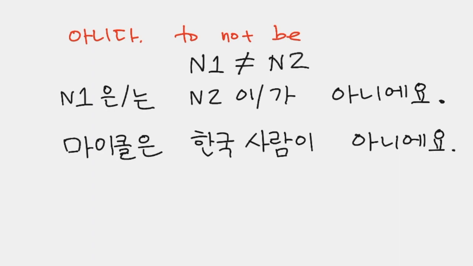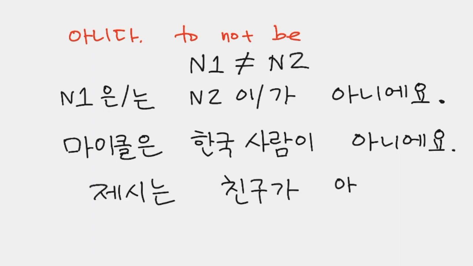Next example. So 제시는 친구가 아니에요. So literally, I only have Jesse, 친구, which means friend, and then 아니에요 is not. So the literal translation would be Jesse, friend, is not, right?